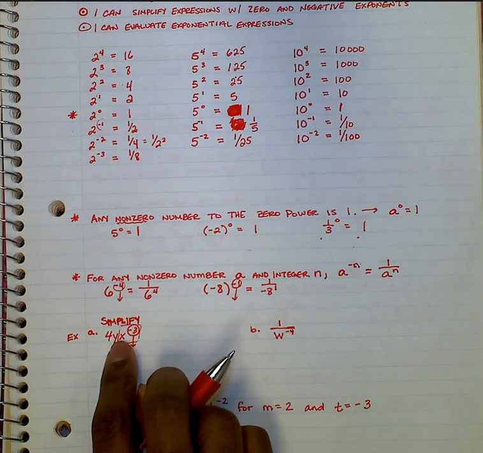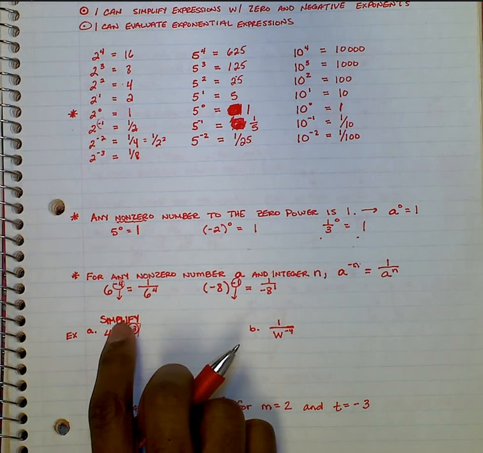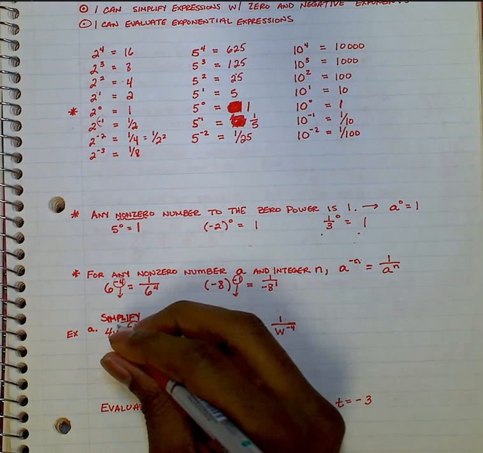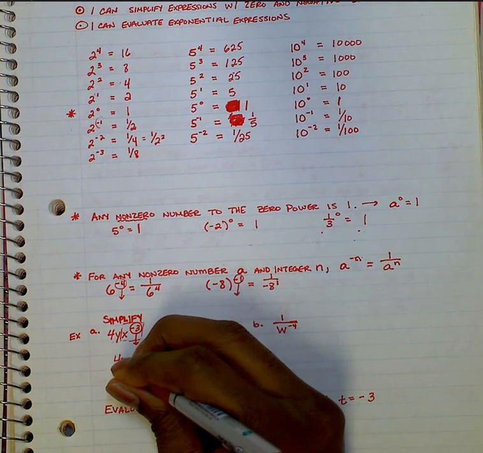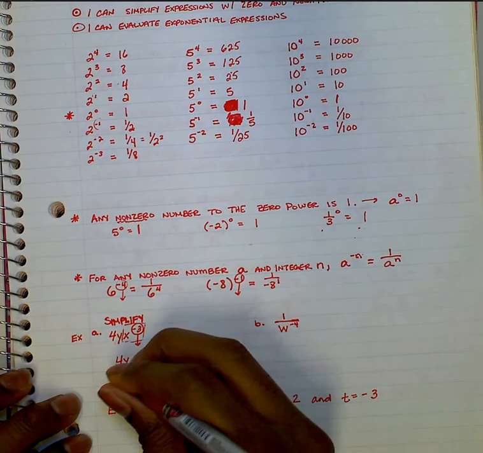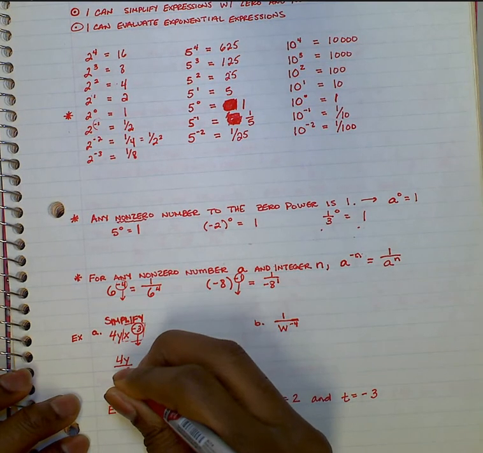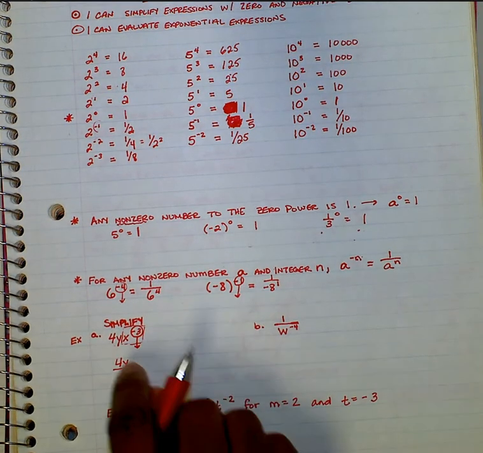Y has a positive exponent, it's 1. You actually don't see it, but it's positive. 4 is fine, it has a positive exponent, it's 1. You don't see it, but it's positive. So the only thing that needs to move is this x and this 3. So 4 and y are fine at the top. X needs to move to the bottom because this exponent was negative. We move it to the bottom, this exponent is now positive. And so this is our answer simplified, 4y over x cubed.